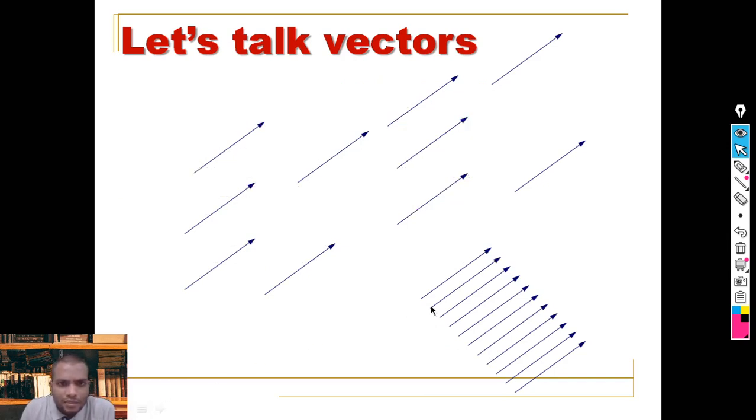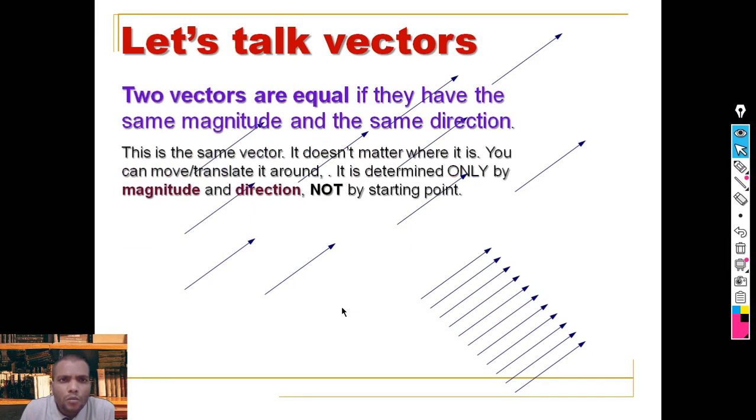So if you can see here, these vectors are equal in magnitude and all are the same in direction. Two or more vectors are equal if they have the same magnitude and the same direction. So this is the same vector; it does not matter where it is, it can only move, translate or rotate.